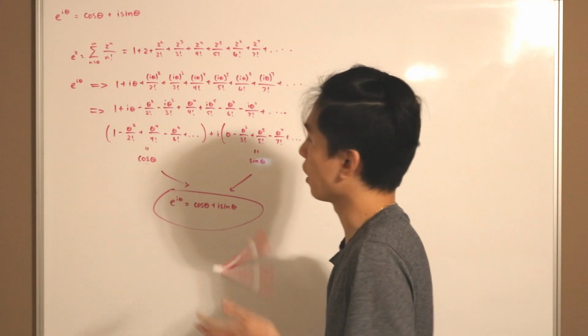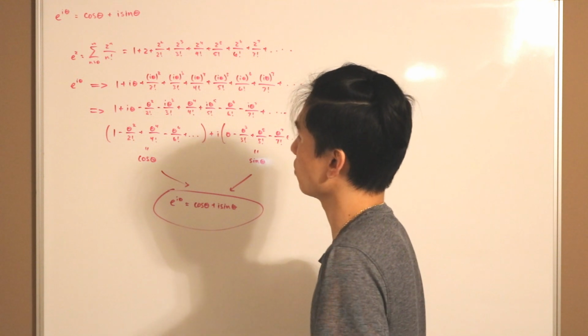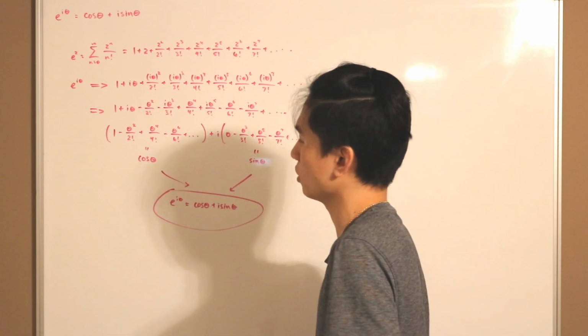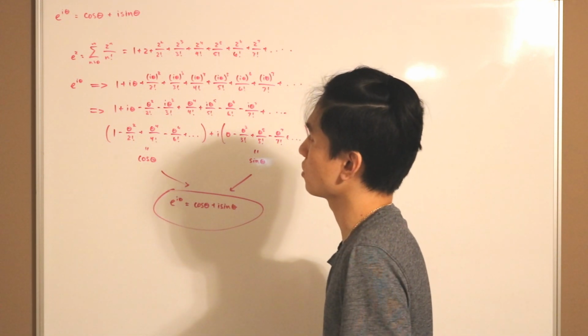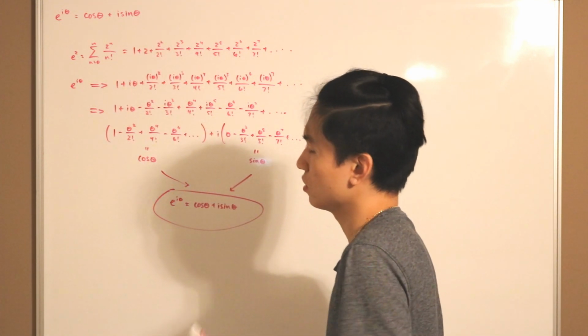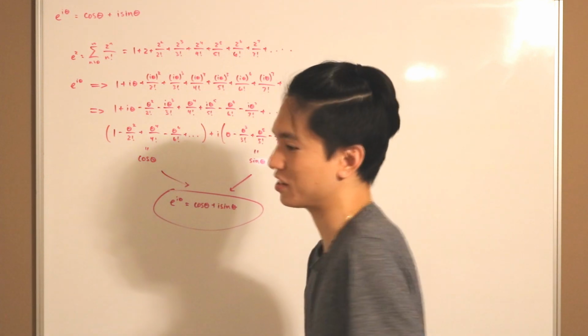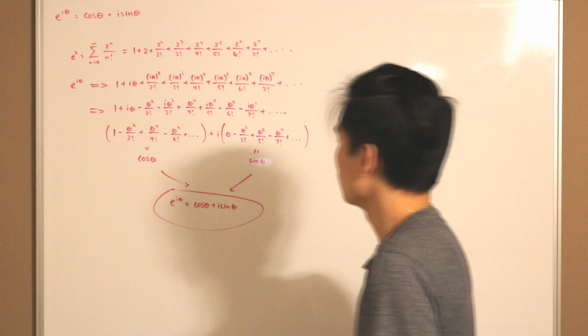Pretty interesting formula. I do agree that this formula itself is pretty remarkable, especially in complex analysis. Well, obviously it has to be because you have the imaginary unit i. So what else could you use the imaginary number for other than complex analysis?